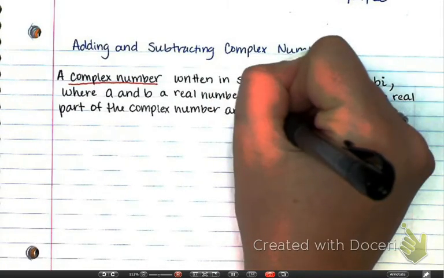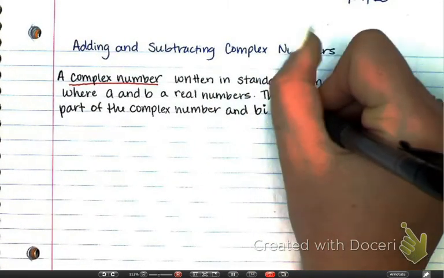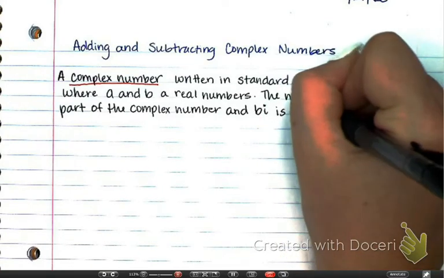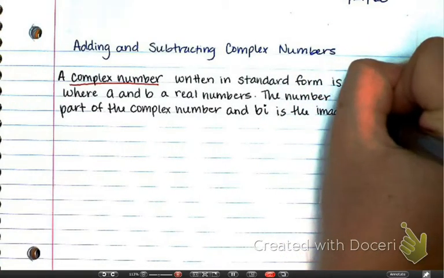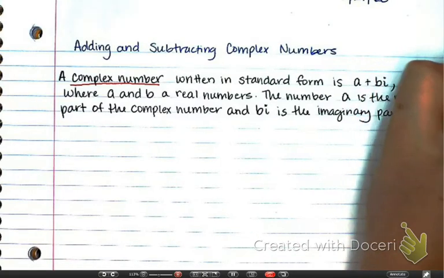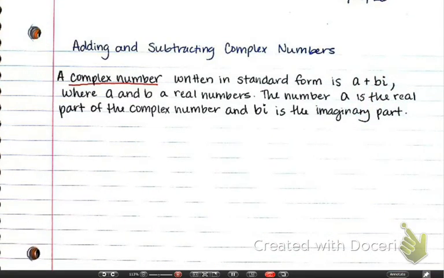And BI is the imaginary part. So a complex number written in standard form is A plus BI. That's how we're going to write all of our answers, where A and B are real numbers, but A is considered the real part, BI is considered the imaginary part.